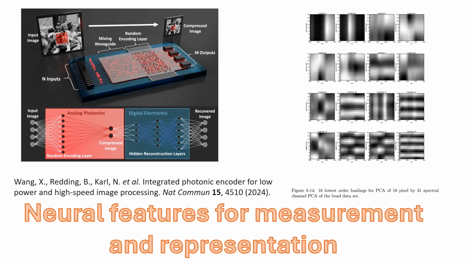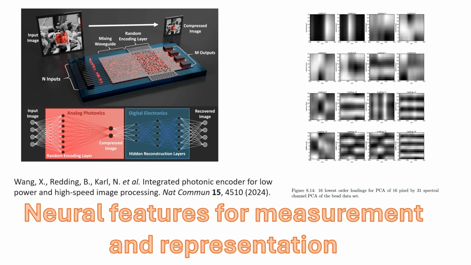Now, earlier in this lecture series, I showed you this figure from this paper from Nature Communications talking about a physical layer encoding system, and we'll talk, as I mentioned in the last lecture, in chapter 8 about decomposition of images onto feature spaces. And so this image on the right is an image from chapter 8 of a PCA analysis of a hyperspectral image onto its features. You can use neural networks to find the features that best describe an image. And so that's a second application of neural processing.